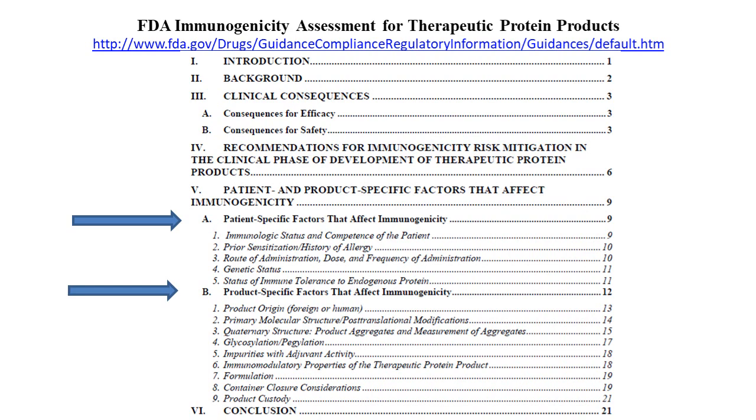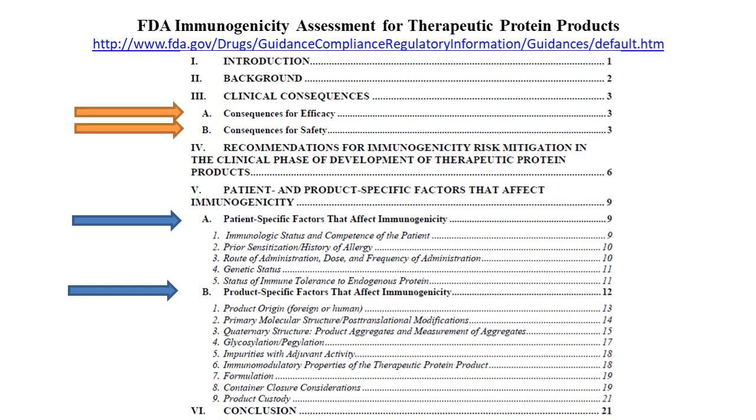And you should read the package insert of the drugs you're using to understand all of these aspects that are important in immunogenicity. And then there are product-specific factors. So you have patient and product. From the product standpoint, the type of product, formulation, chemical characteristics, biologic characteristics, physical characteristics, all of them are super important because they can all trigger a potential immune response in a given patient.